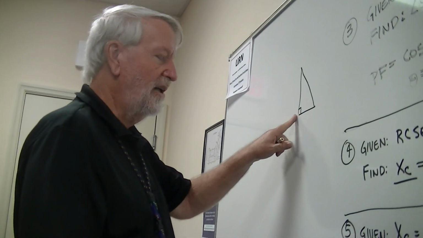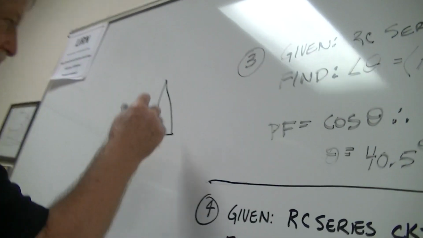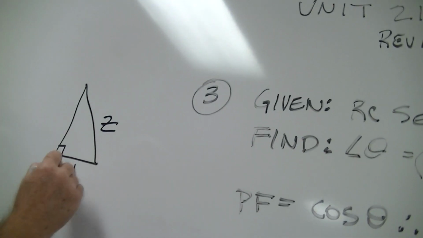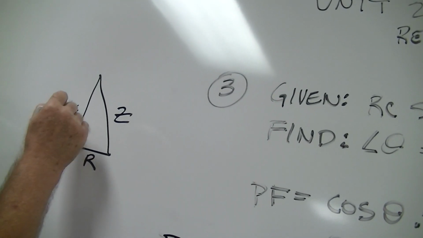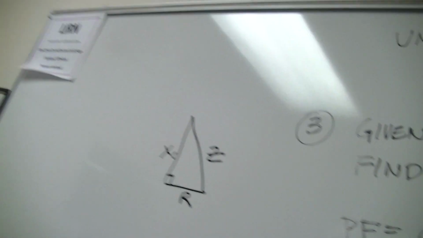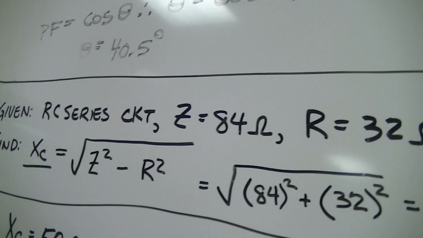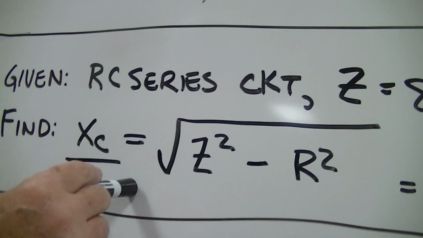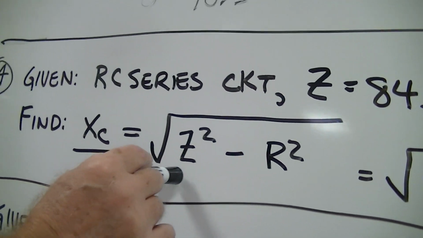Considering the fact that they form a right triangle where this is Z, this is R, and this is X sub C, it's just a matter of using the Pythagorean Theorem. So in that case, X sub C is equal to the square root.